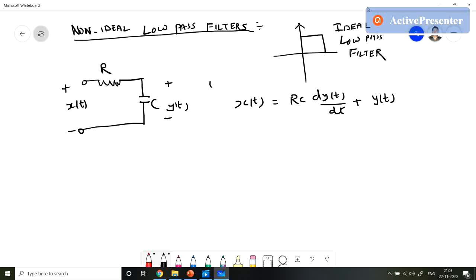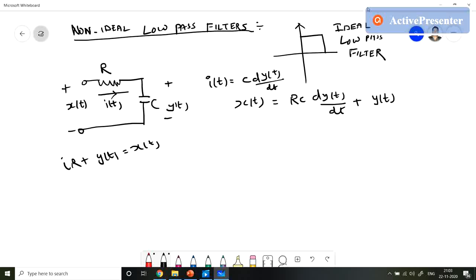because i(t) is equal to C dy(t)/dt. So here we have current flowing across this resistance. So we have iR plus y(t) is equal to x(t).